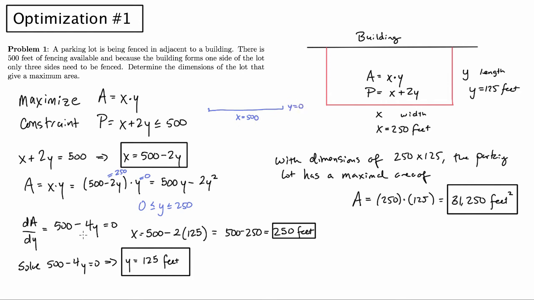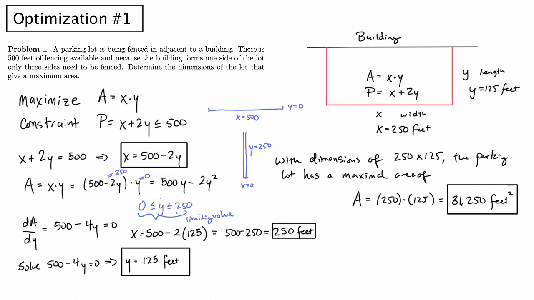The other extreme is that I have a y of 250, which means that it's all length and no width, in which case I have a pen that looks like that, and so y is 250 on each side. So that's the 500 of fencing, and I have no width. So these are the limiting values, and the restrictions placed by the constraint, but also by the physical situation.